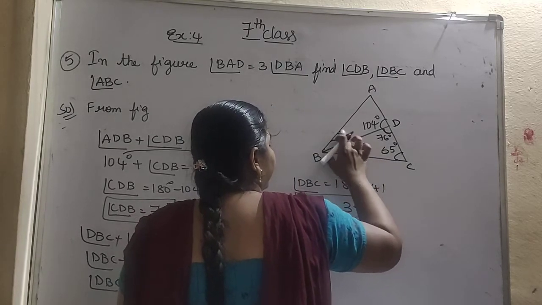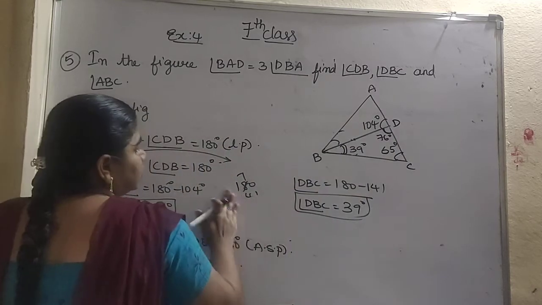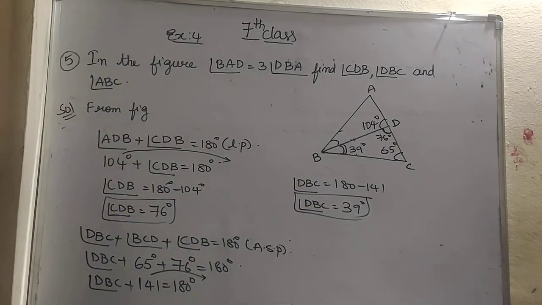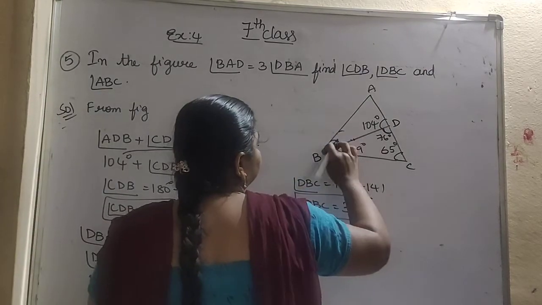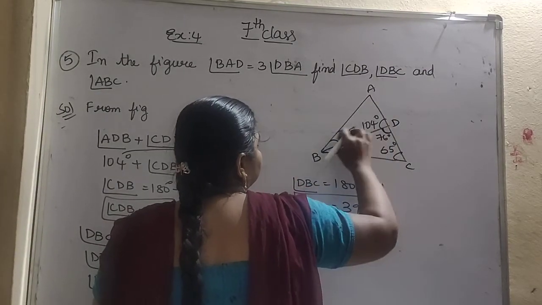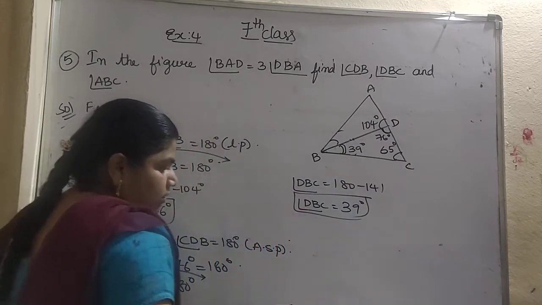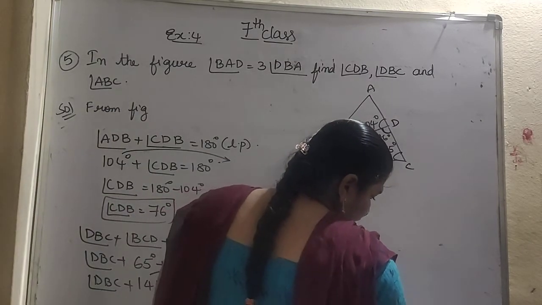Now what we have to find? We have to find the total angle. How to find this total angle? I am taking this triangle, this part. This is again a triangle, and the sum of three angles will be equal to 180.